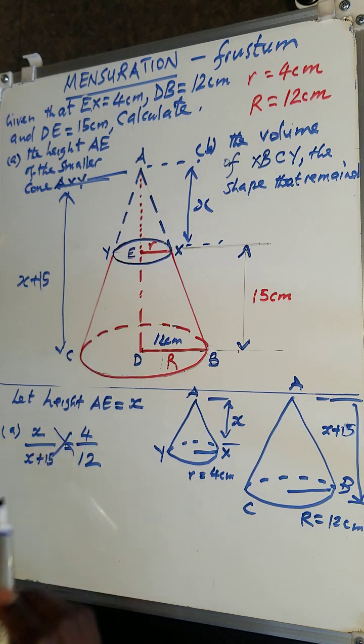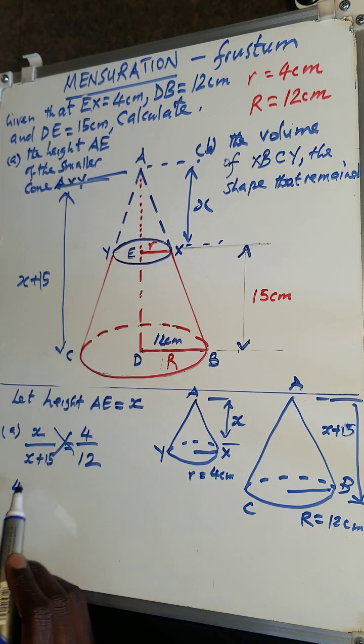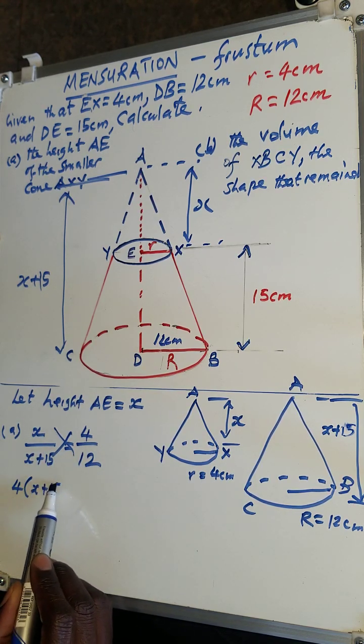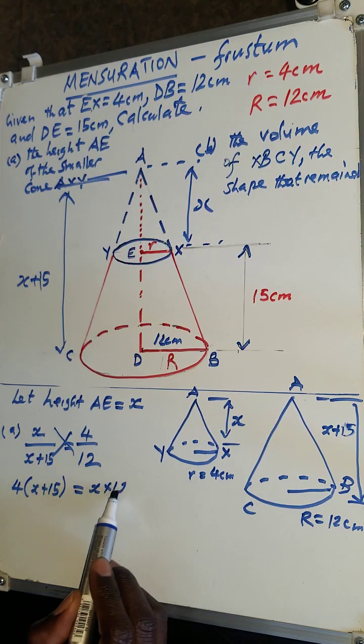From there I can simply cross multiply. When I cross multiply, it will be 4 multiplied by X plus 15, which is equal to X multiplied by 12.